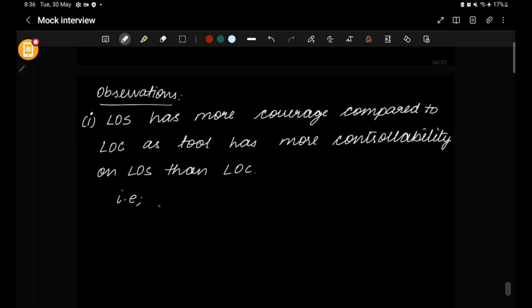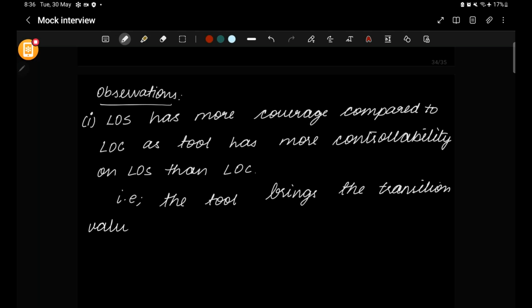So what it means is, the tool brings the transition value through the shift path in LOS.